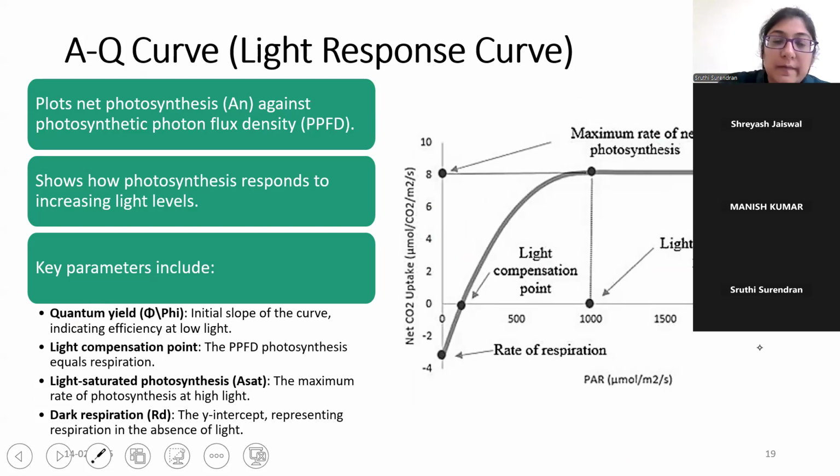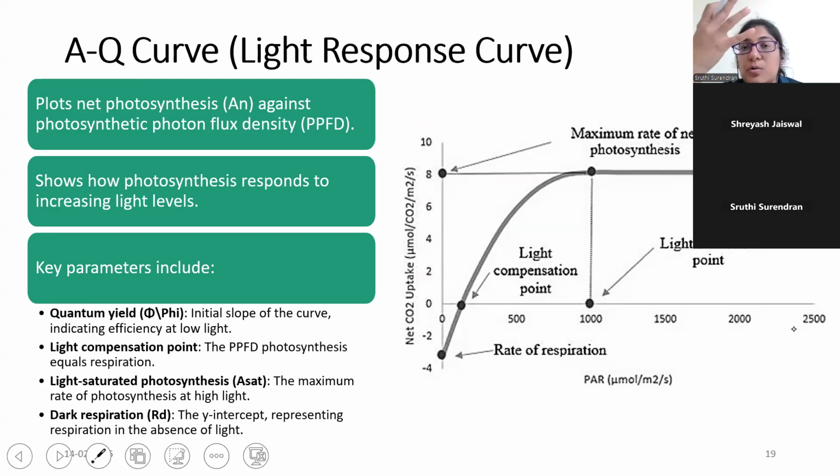Now, the AQ curve is again the plot of net carbon dioxide uptake versus light absorbed by the plant, or light absorbed by the leaf. When the plant receives light from the sun, it is not taken as energy of the sun.